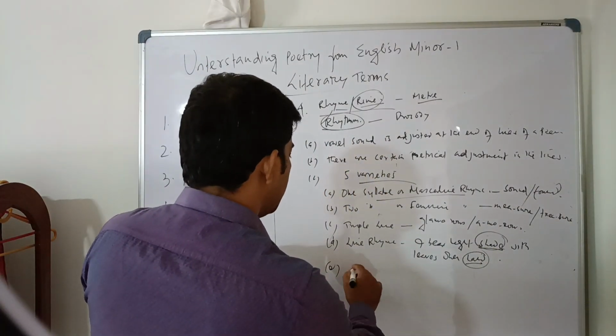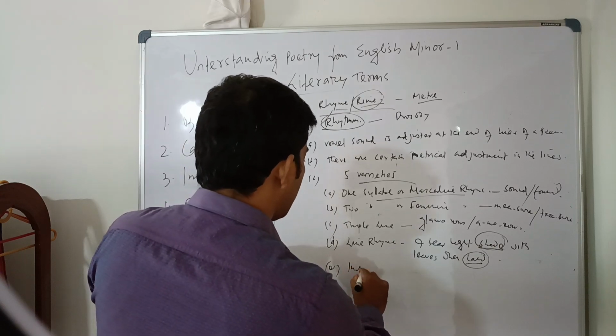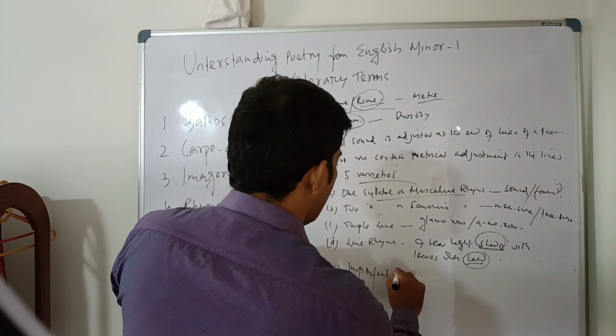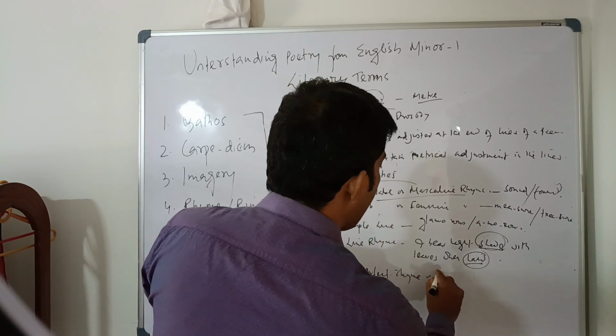So E number is imperfect rhyme or assonance.